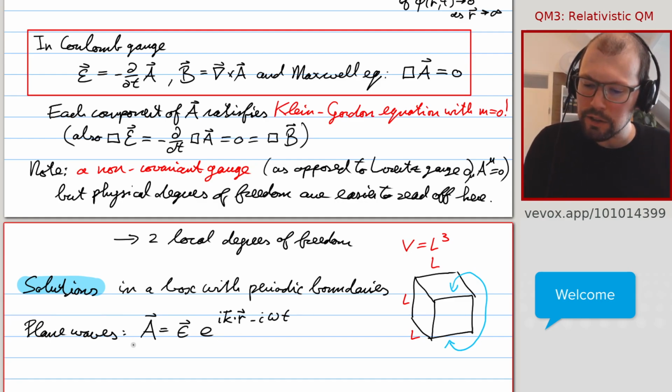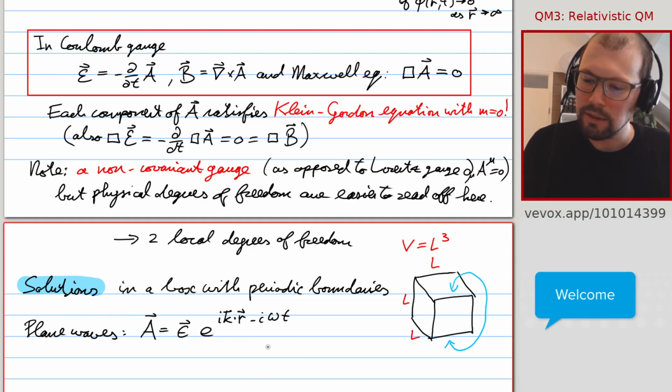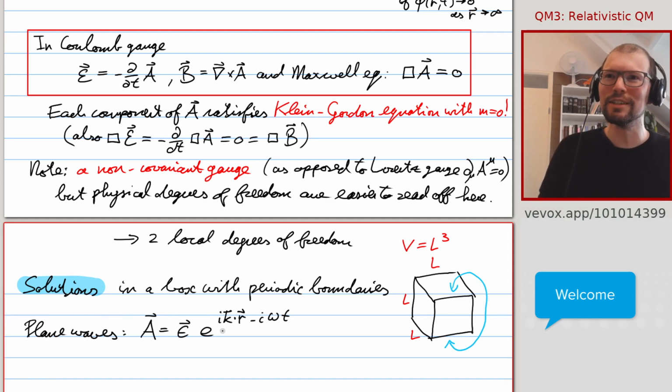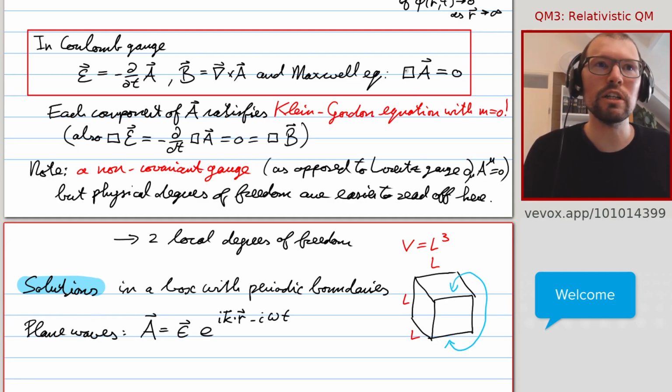So when does such a vector field satisfy Maxwell's equation? Well, exactly when, if I take out here the four wave vector, or at least the equivalent of the four potential in this case, then it should have a zero relativistic norm.